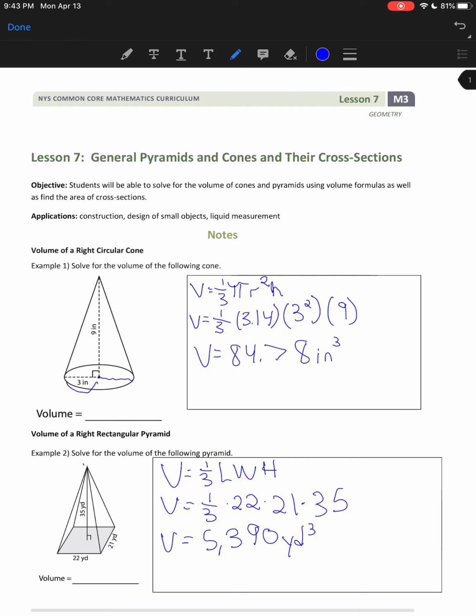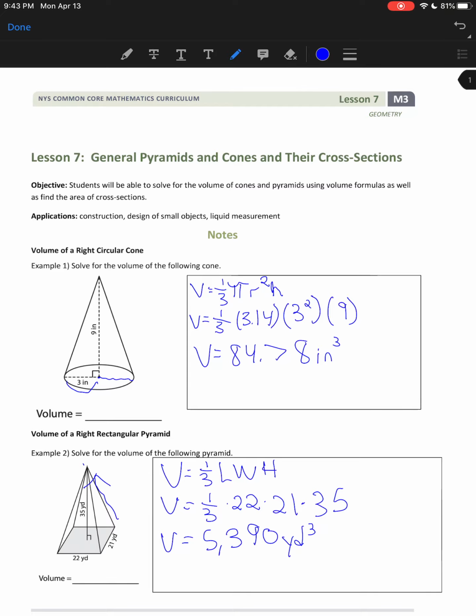For cylinders or prisms, it's very easy. All you have to do is the area of the base times the height. With these cone or pyramid-like shapes, though, the only issue is that as you get higher and higher, you notice how the amount of space shrinks. So that's where this 1/3 comes from. That's why it's a little special here.